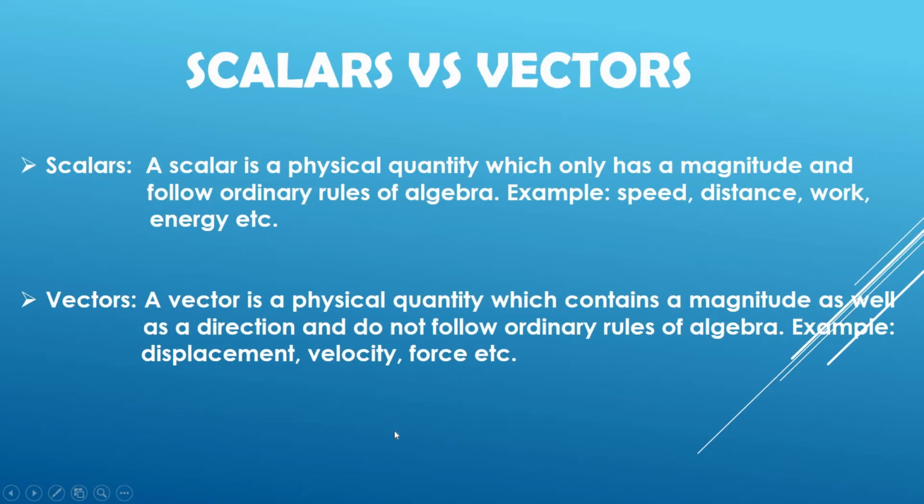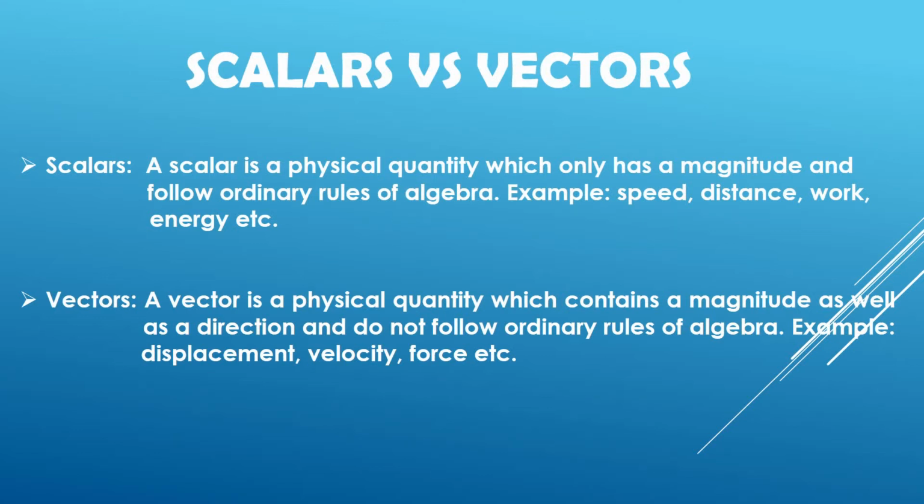We have learned about physical quantities, and those physical quantities can be subdivided into two categories, the scalars and the vectors. The scalars are those quantities which contain only a magnitude, and they follow ordinary rules of algebra, like normal addition and multiplication.